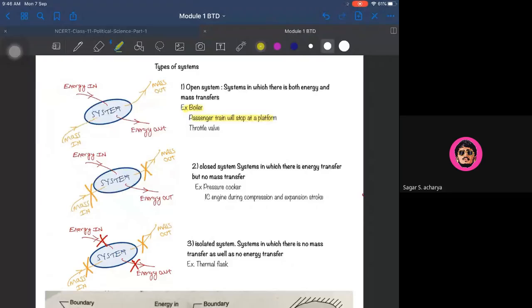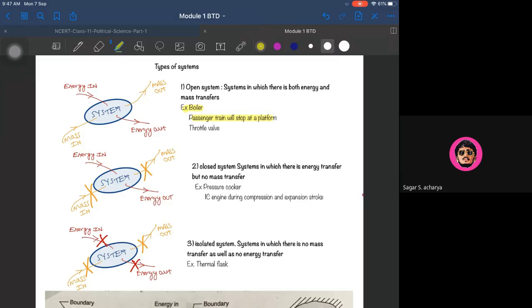Sir, what about energy in this example? Energy, sir? Only masses. There is a concept that if there is an exchange of mass, then definitely there would be an exchange of energy. Oh, okay, sir. You can just relate it that way.